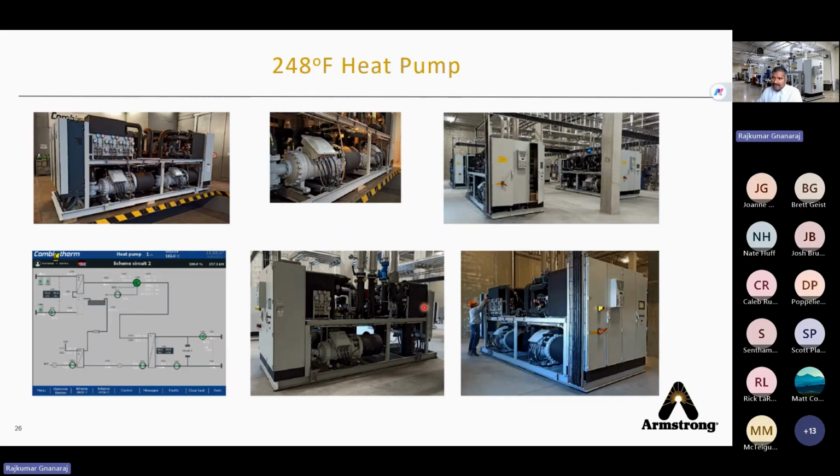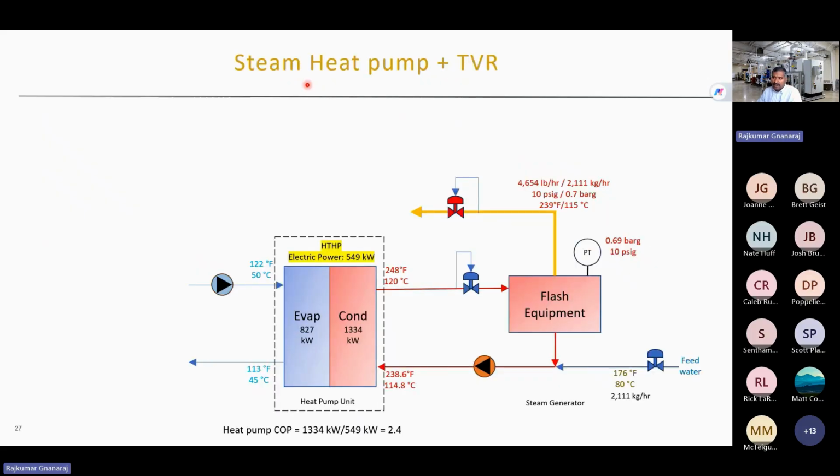We make a packaged unit where everything is assembled and tested at our factory, and then shipped to the site. Like I said, there are 4 heat pumps installed in a Cargill facility to generate hot water for an industrial dryer application. This will be pressurized hot water at 248 degree Fahrenheit.